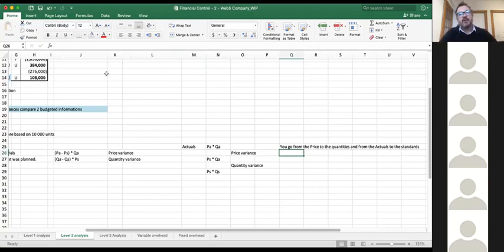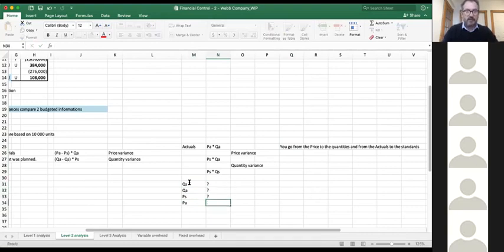Okay, so it also means that you need to identify 4 things, right? QS, QA, PS, PA. Okay, so you need to identify this. Because the formulas are not so easy sometimes to remember or to calculate, this is my first advice.